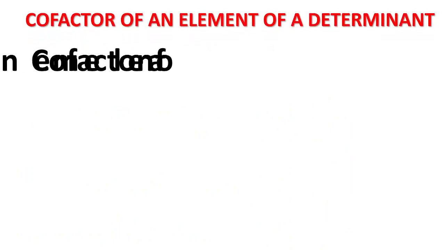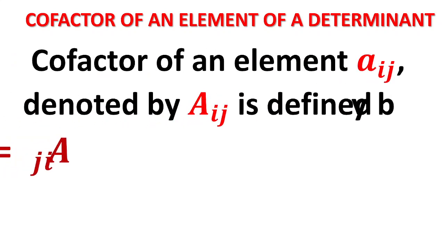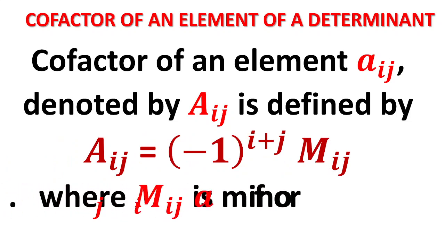Let us see what you mean by cofactors. Already we have seen what you mean by a minor. Cofactor is denoted by Aij and is defined as minus 1 whole power i plus j times Mij. Now a minor is a determinant, so it will have a value.